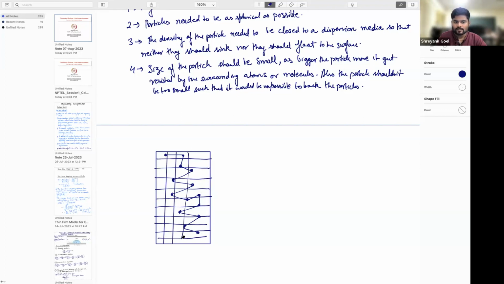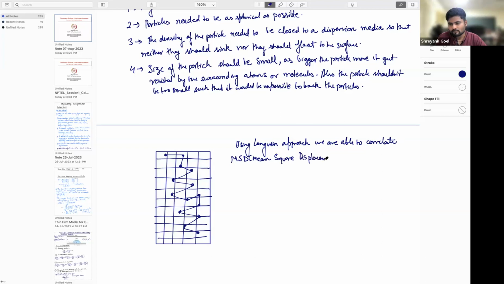From that mean square displacement, using the Langevin approach, we are able to correlate mean square displacement with the diffusivity.